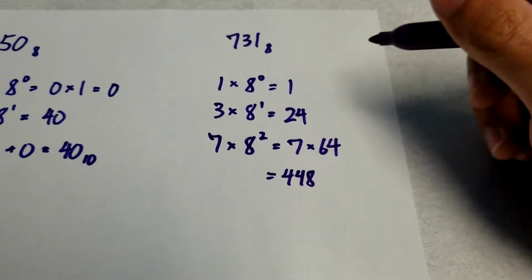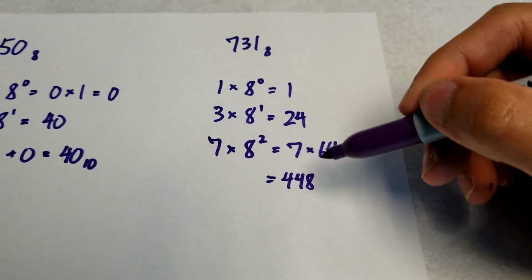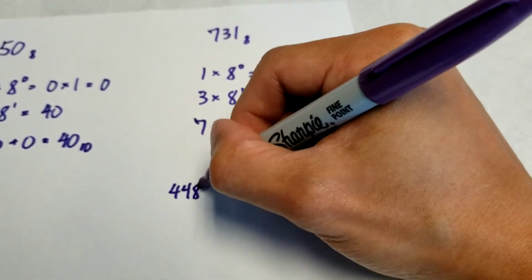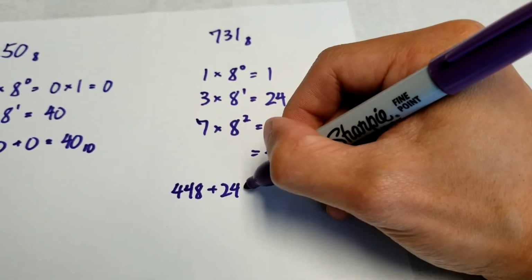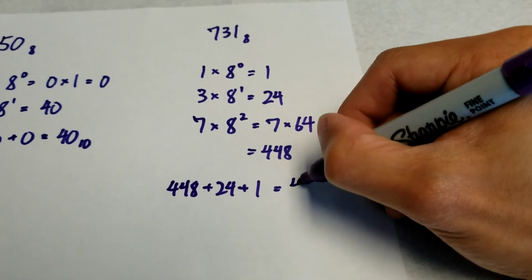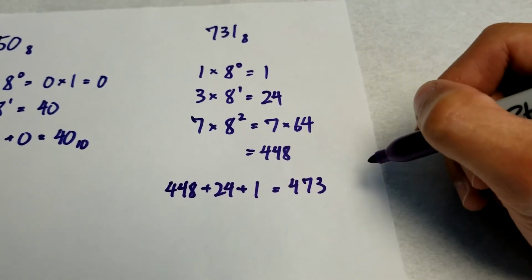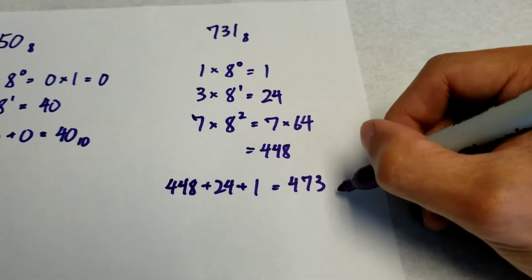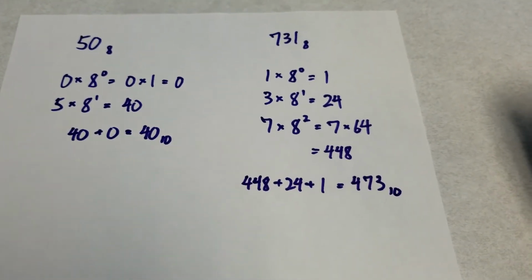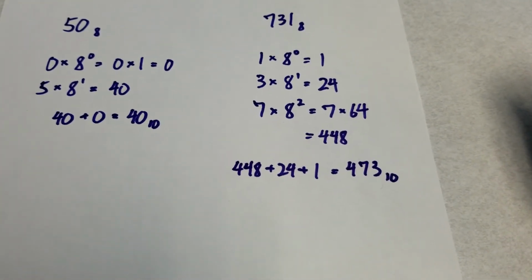And then after you get all three numbers, add them all up. So 448 plus 24 plus 1 will get you 473 in base 10. Okay, so that is how you go from base 8 to base 10.